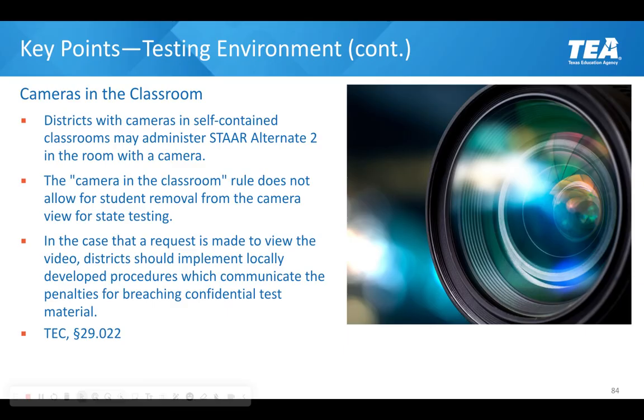For our district, we are asking that if you are testing in a room with a camera, that you hold up a sign saying STAAR Alt testing beginning and STAAR Alt test end. That way our district, if they get a Freedom of Information Act request or if someone asks to view the cameras, will know that what they see is confidential if they see any testing materials.